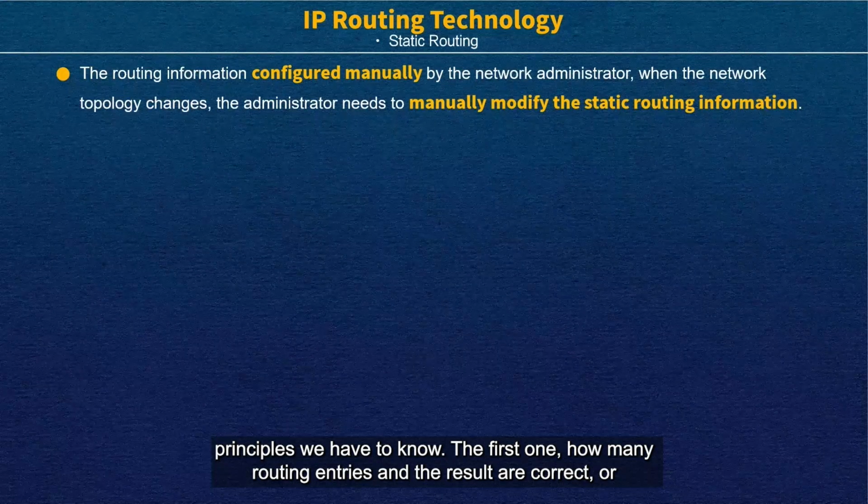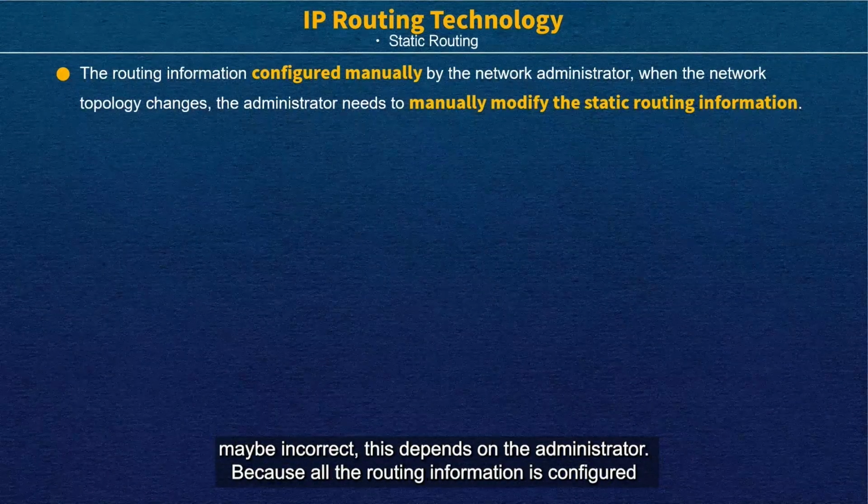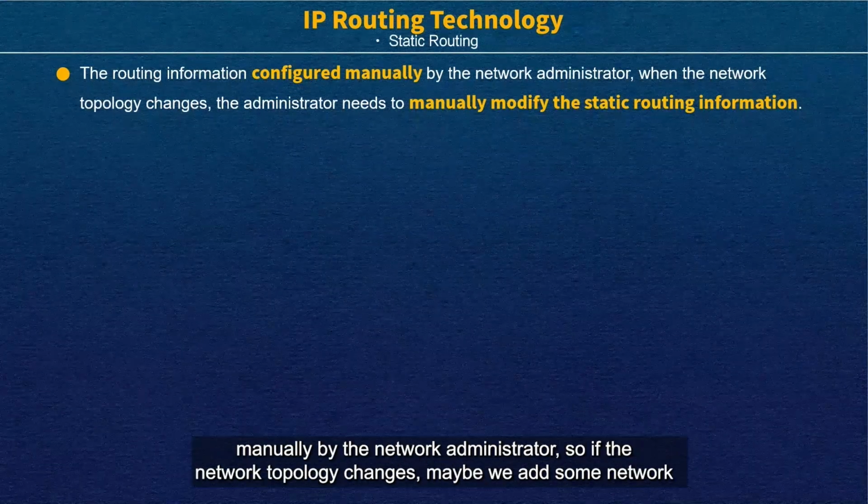The first one: how many routing entries there are, and whether the result is correct or incorrect, depends on the administrator, because all the routing information is configured manually by the network administrator.